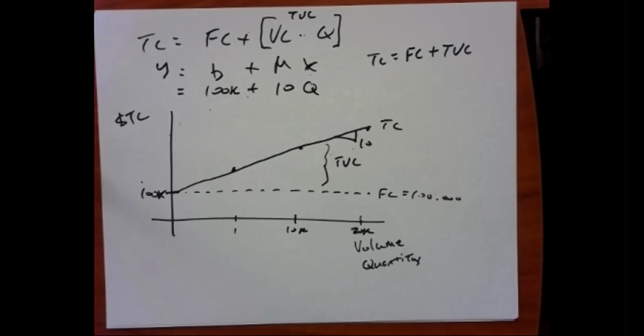Well, we said before, why is 20,000 the relevant range? Well, the machine is capable of running 20,000 tests if we run an 8-hour shift with one technician, right? So if we want to do more than 20,000 tests, there isn't enough time in the day for one technician to run 20,000 tests. So what do we have to do? If we want to go past 20,000, what do we have to do?